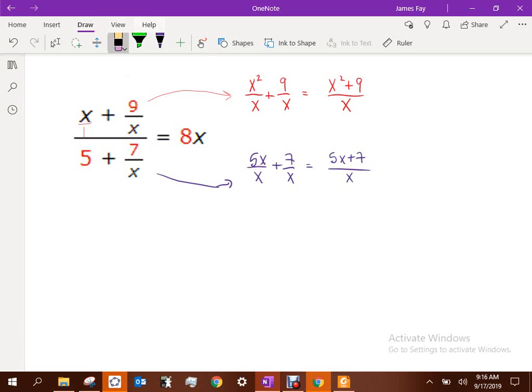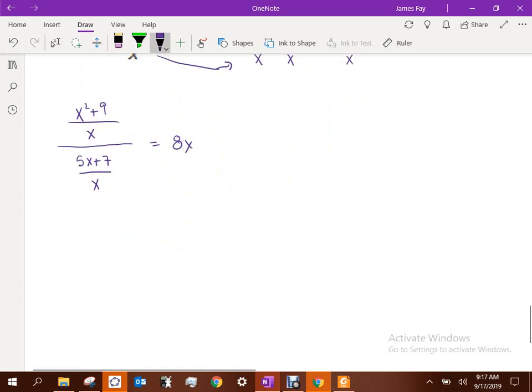Okay, so now this left-hand side is actually x squared plus 9 over x divided by 5x plus 7 over x, and that's equal to 8x. Now, this is a fraction divided by a fraction, right? If I had 1/2 divided by 2/3, how would you do that?